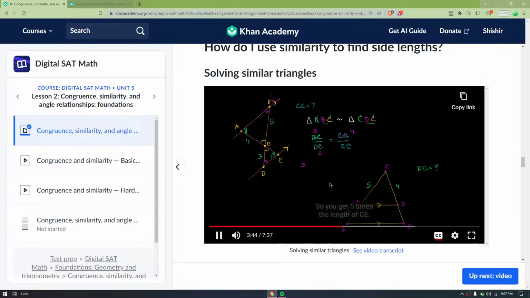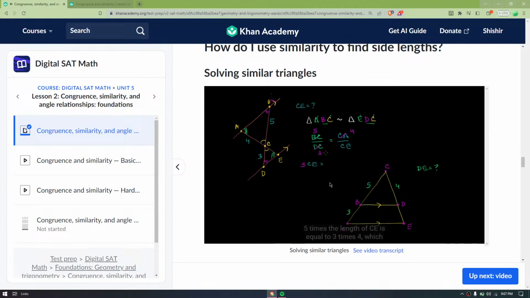So you get 5 times the length of CE is equal to 3 times 4, which is just going to be equal to 12. And then we get CE. CE is equal to 12 over 5.